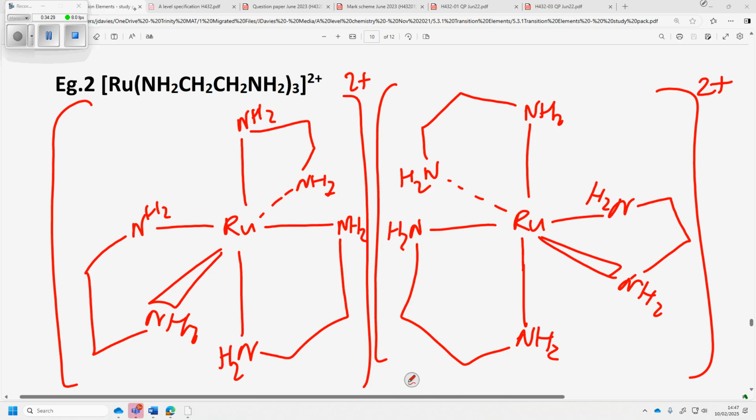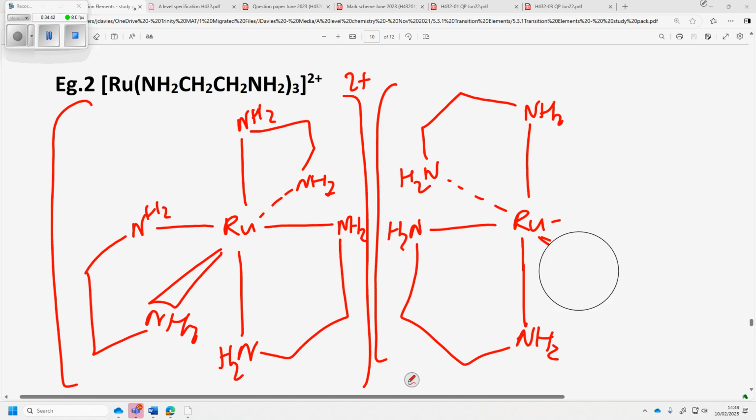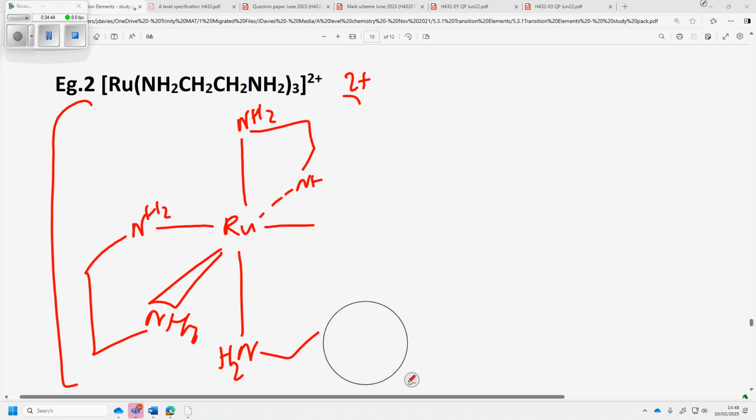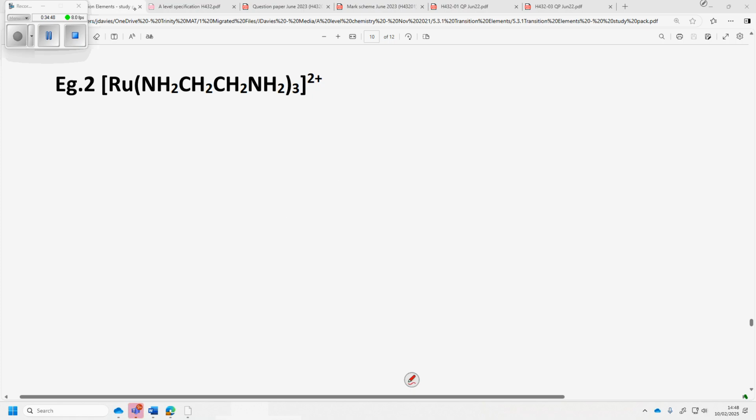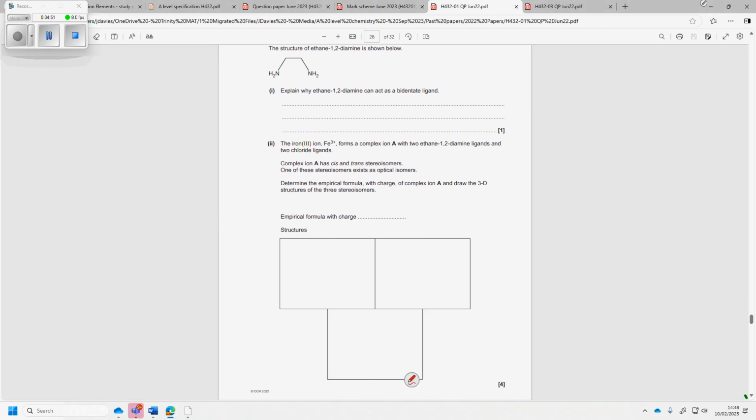You need to be familiar with all of these because this is the kind of thing which can come up in questions to do with stereoisomerism. Like the June 2022 paper that I've just shown you, they could give you a structure. They could ask you to draw the structures and have given you, or reminded you of, the types of ligand which are present.